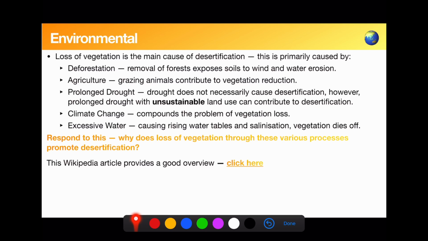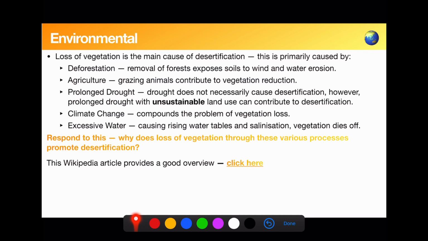So, who knew that trying to keep the human population alive could be so devastating? I suppose it's our methods of creating enough food for people that is potentially causing this as well. Prolonged drought. So it's not actually drought alone that will cause desertification. However, it's prolonged drought with unsustainable land use that's contributing to desertification.